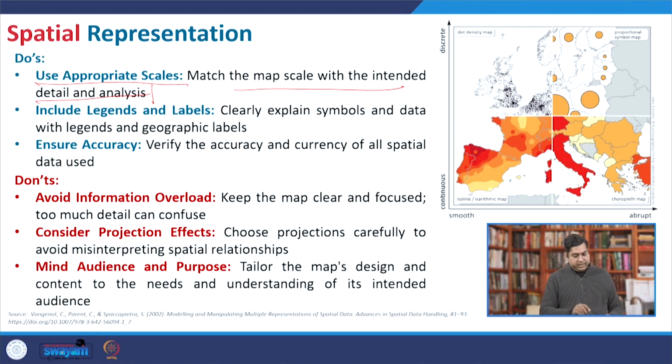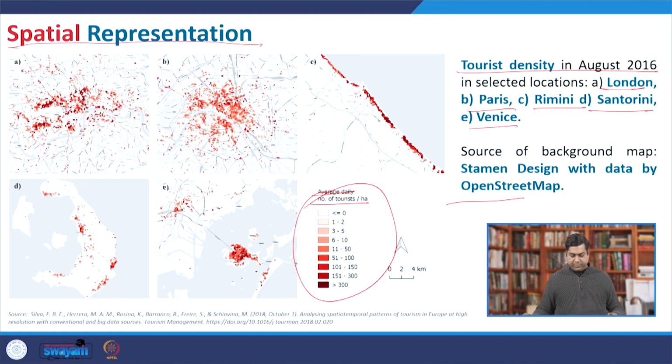Next, you should include legends and labels very clearly, because that is something you have to read. Normally we use the graphical scale, where a particular width of an interval represents, say in this case, 2 kilometers.